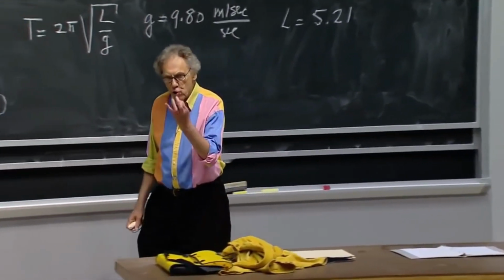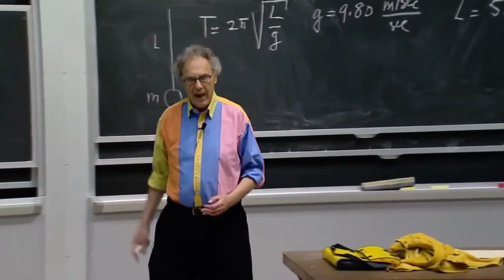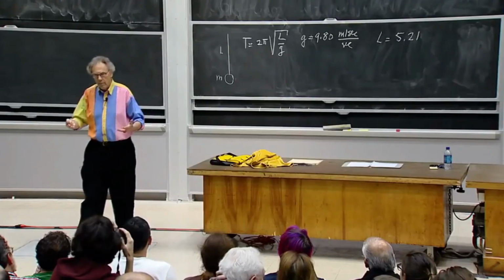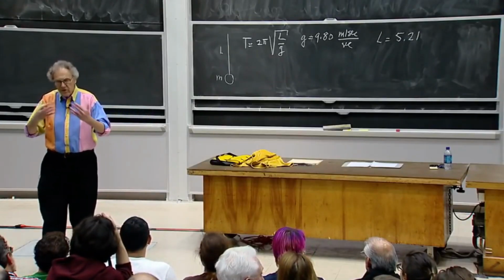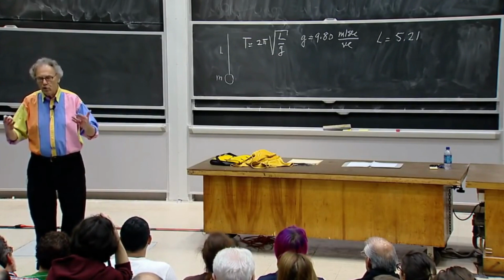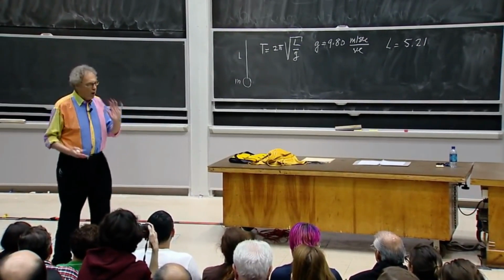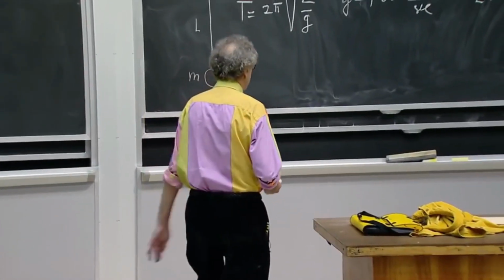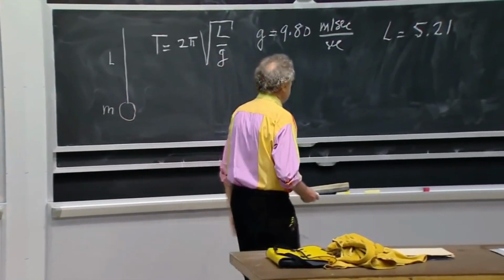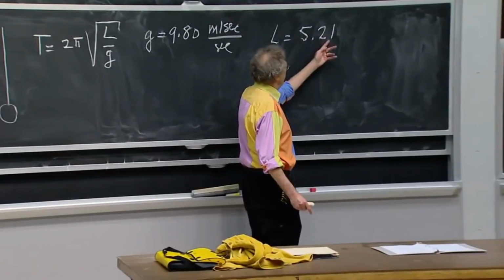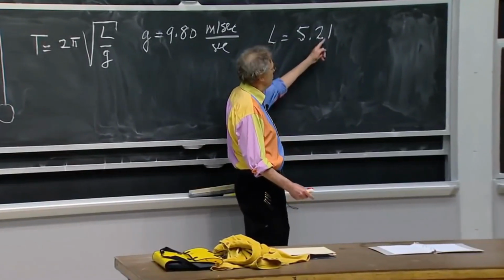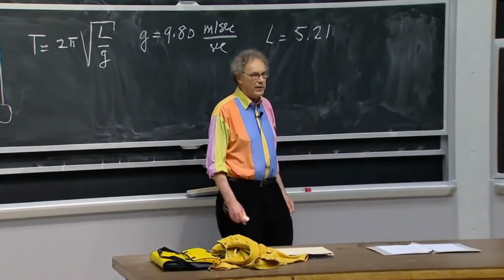And so there is an uncertainty in the measurement of the length that we have to be honest about, because we are physicists after all, and the uncertainty we estimate is about 5 centimeters. So we could be off by 5 centimeters. That is 1%, 5 centimeters out of 521.